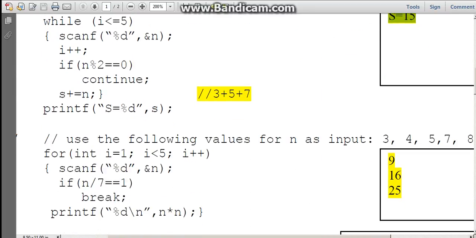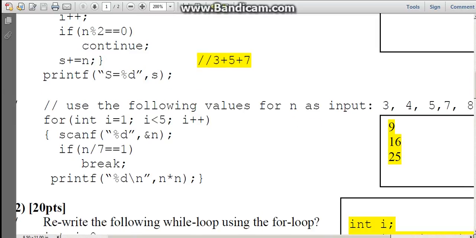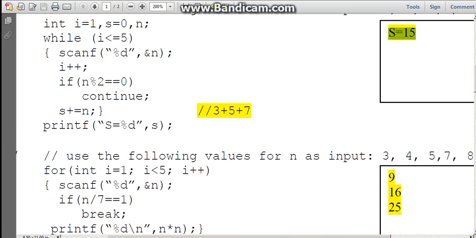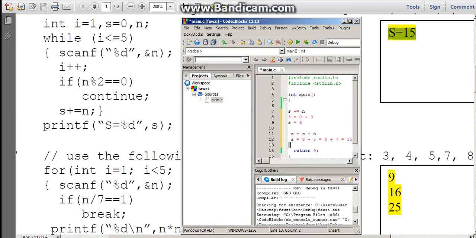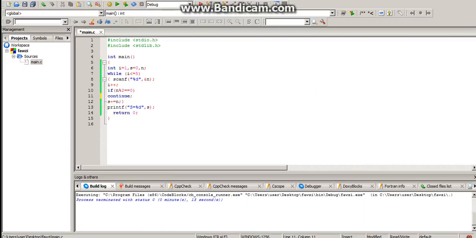Alright, now we would like to see what would happen if continue didn't exist. Alright, now I just paste this one here.